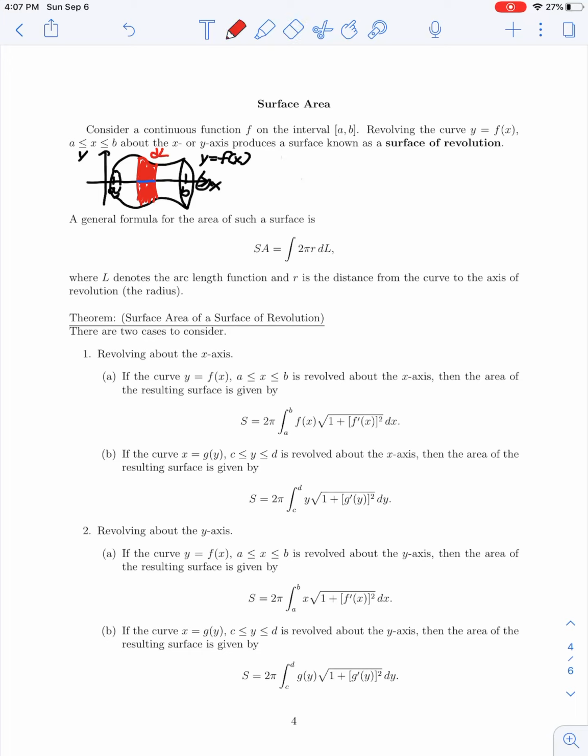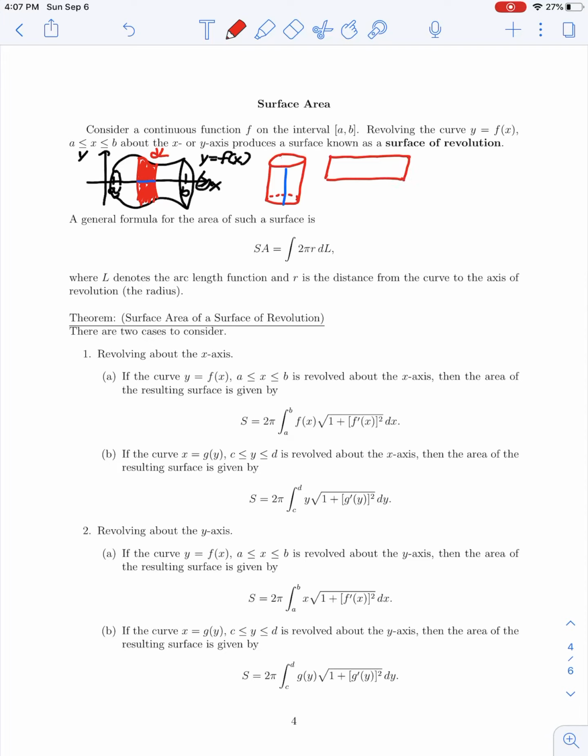So this red strip is some little cylinder on the outside of my solid, where if we were to cut this strip along one side and unroll it, I would have a little rectangular strip that's wrapped around my solid.